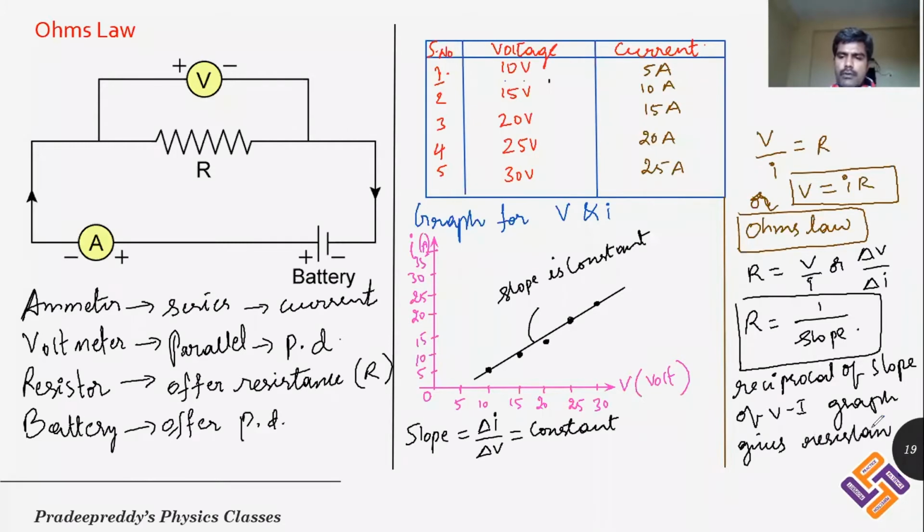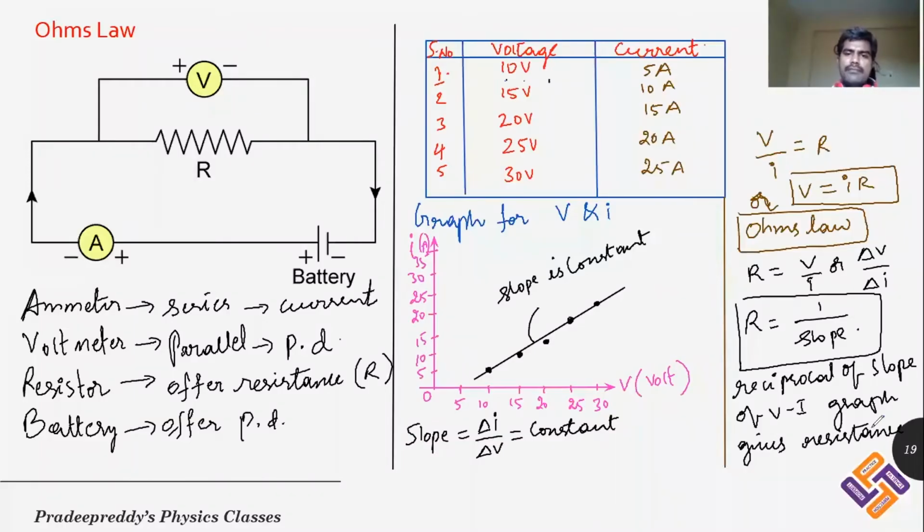This is also one more important thing you need to learn. So if sometimes in a question you are being given a graph and asked to find out the resistance, then simply you will be calculating the slope by taking any 2 points on that straight line. You will be marking delta y along the y-axis, what is the change, along the x-axis what is the change.